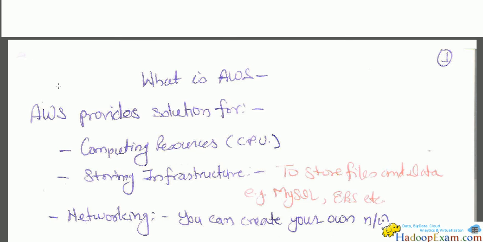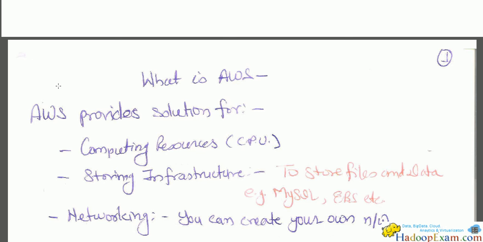That's fine. Okay. So Amazon provides solutions for computing resources, storage infrastructure, and networking. These are three very important things whenever you are working with any software development kind of thing. Computing resources, you can assume, are CPU, memory, etc. that you need while doing computations on the work you are doing.